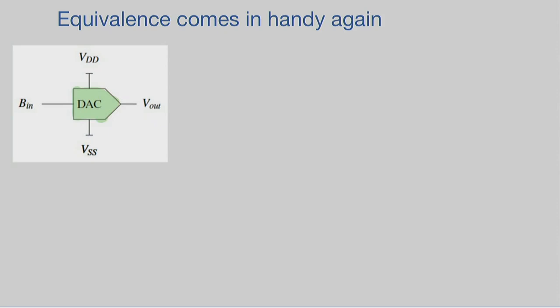So let me just copy the model that we have here for the DAC, which is a Thevenin model. And I'm going to say, and it's from your notes, that the equivalent resistance for the DAC is about 1 kilo ohm.